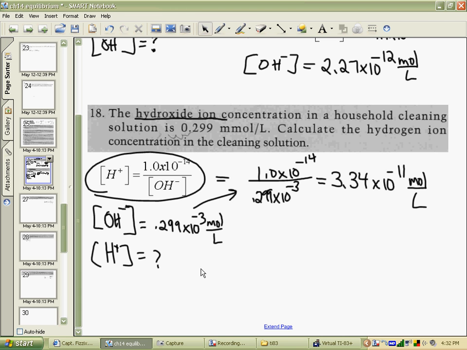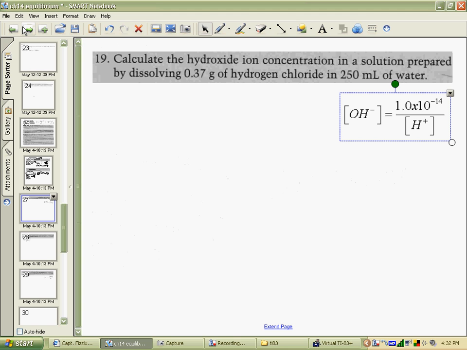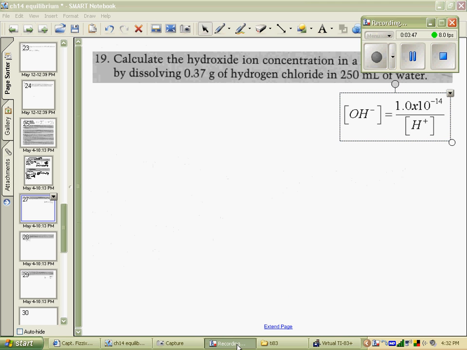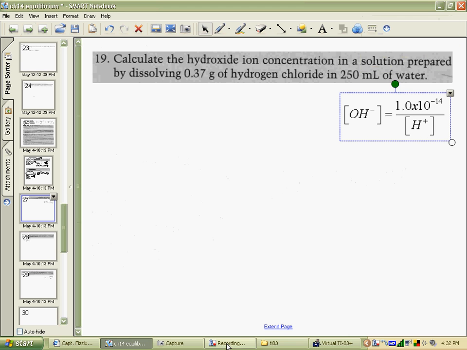If we take a look here at the next one, let's see how I'm doing for time. Doing great. So we're going to calculate the hydroxide ion concentration in the solution prepared by dissolving 0.37 grams of hydrogen chloride. So we have a mass of hydrogen chloride of 0.37 grams, and we dissolve that into a volume of 0.250 liters.